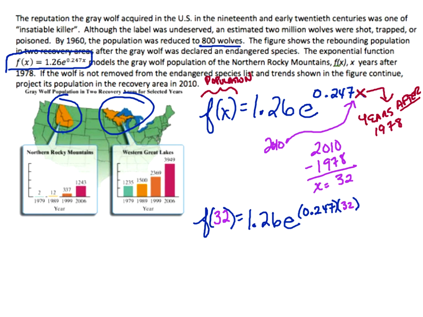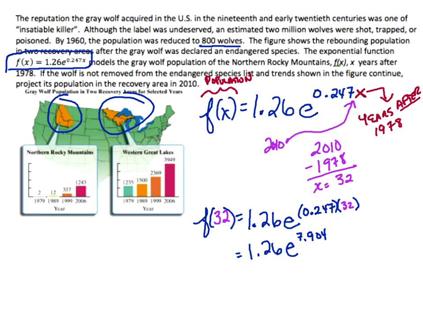All right, so I'm just going to put this into my calculator, and when I multiply 0.247 times 32, I get 7.904. So this is 1.26 times e raised to the 7.904.